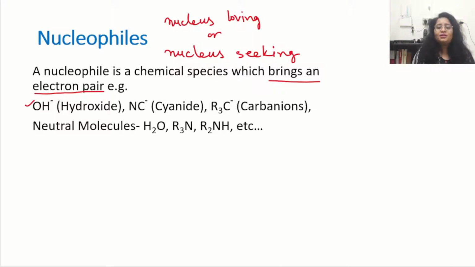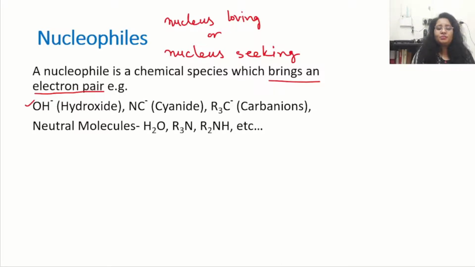The minus indicates that it has a pair of electrons. In the same way, the cyanide ion, CN minus. The minus indicates that it has a shared pair of electrons. R3C minus: these are carbon ions having a minus charge and a shared pair of electrons.